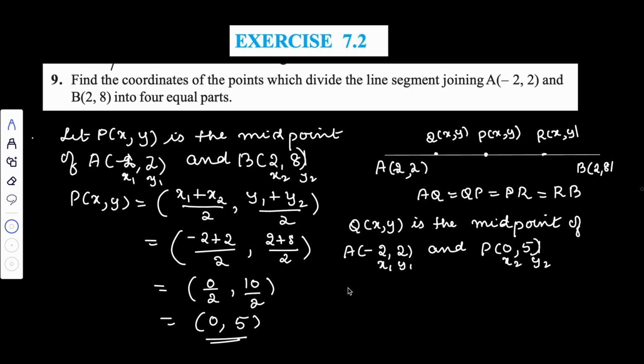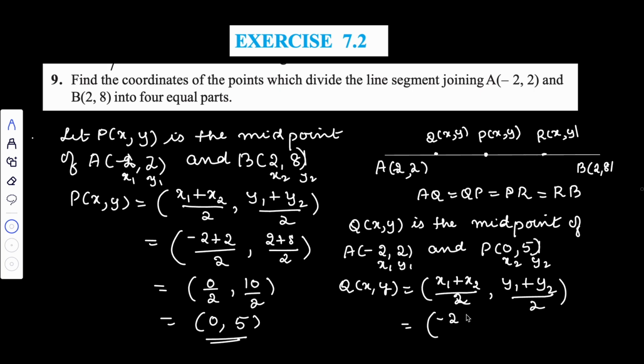We want to find out Q(x, y), which is equal to (x1 plus x2) by 2, (y1 plus y2) by 2, and that is equal to (-2 plus 0) by 2 and here (2 plus 5) by 2, and that is equal to (-1, 7 by 2), and this is the coordinate of Q.